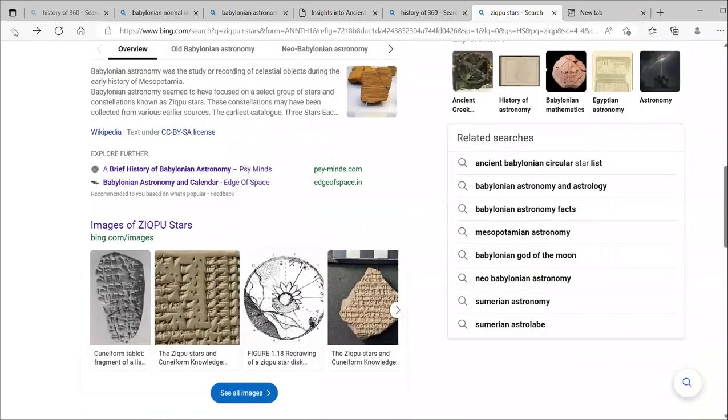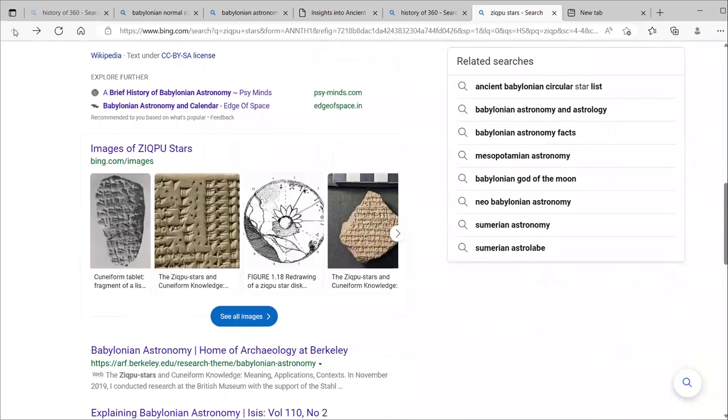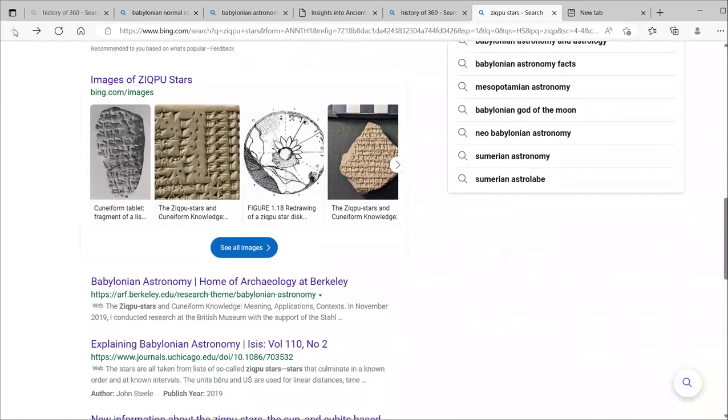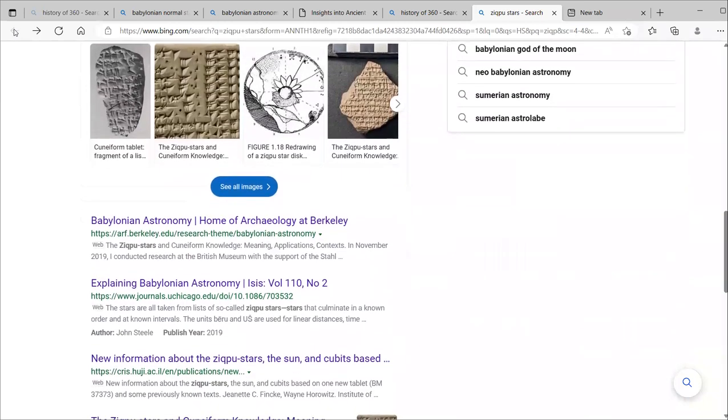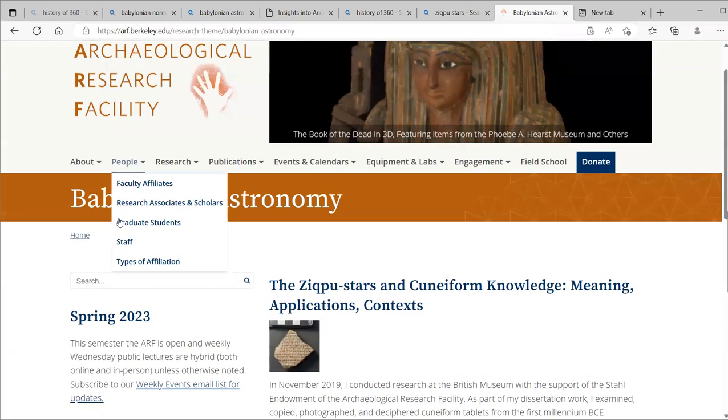I don't like to use Wikipedia. Some people are maybe a little too harsh on Wikipedia at times.